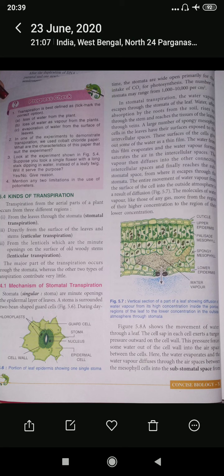Finally, it enters the vessels of the fine veins of leaves through the midrib. These vessels are surrounded by the mesophyll cells, which have large intercellular air spaces among them. These spaces are filled with air. If you can see the diagram.